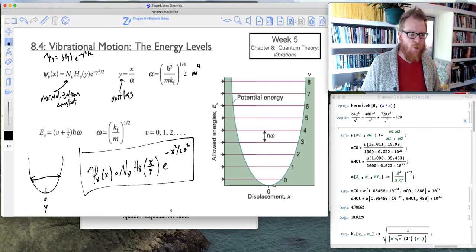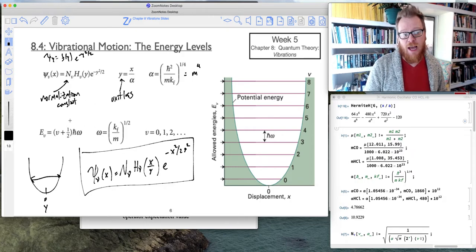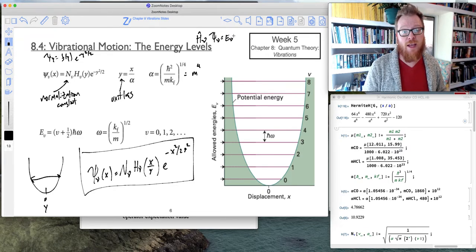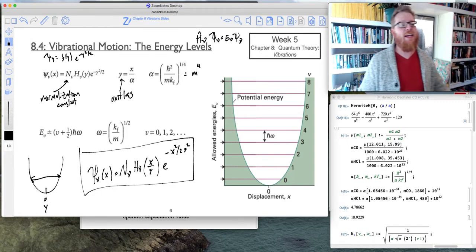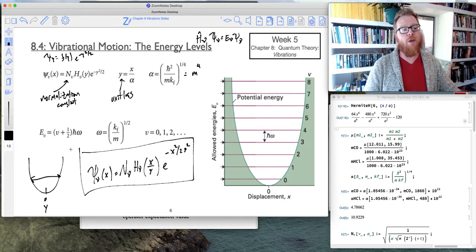Okay, and the last thing that I'm going to point out in this lecture, and I'm just kind of shortcutting, I'm not showing you that we get directly to the result for energy, right? But remember, we set out to solve the Schrödinger equation, the Hamiltonian as a function of quantum number nu, psi of nu, that equals E of nu times psi of nu. So here is our energy solution, which goes as E equals nu plus 1/2 times h bar omega.